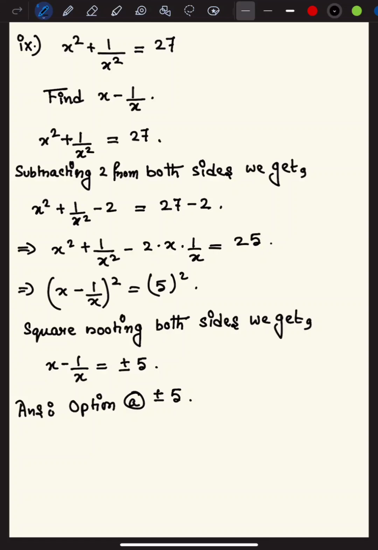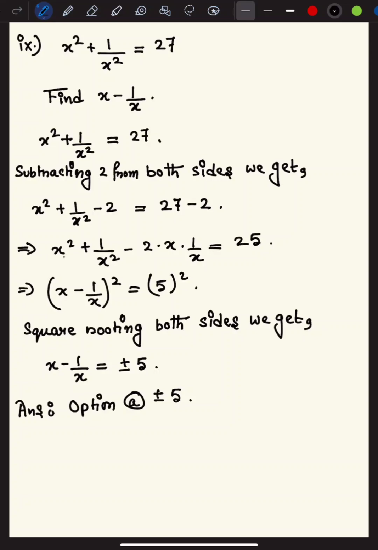The value of x square plus 1 by x square is given as 27, and we need to find out the value of x minus 1 by x. Very easy sum, right? If we subtract 2 from both sides, then what will we get? See, x square plus 1 by x square minus 2 equals 27 minus 2.